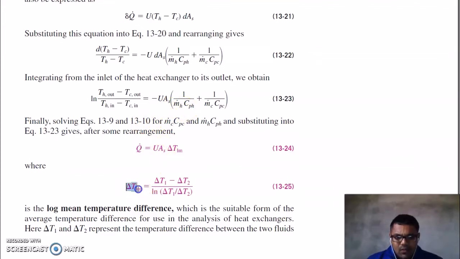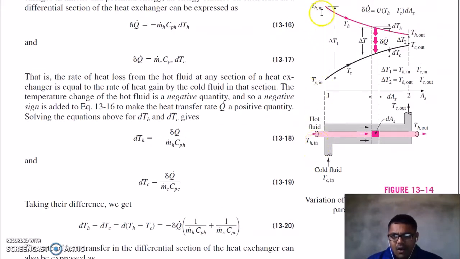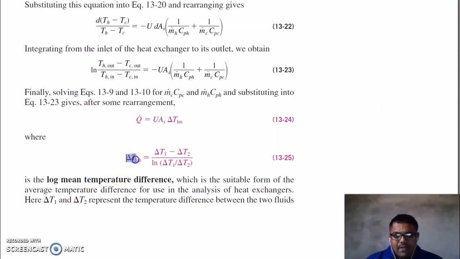You will get this equation here, where delta T1 is your temperature difference at inlet, T hot in minus T cold in, and delta T2 is your temperature difference at outlet, T hot out minus T cold out. So this is your log mean temperature difference, which is suitable as the average temperature difference for use in analysis of a heat exchanger.